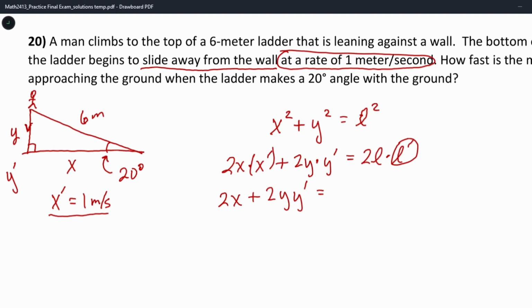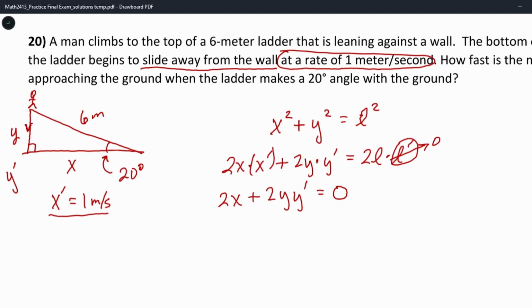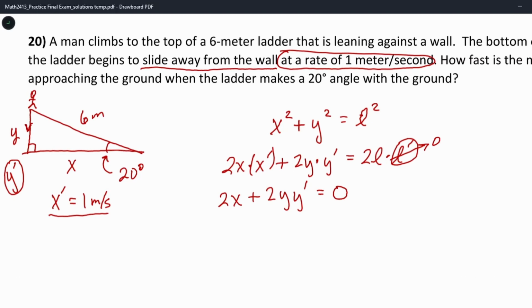It continues to be a 6 meter long ladder. So that rate of change is 0, making this entire side go to 0. Then we can isolate the variable that we're trying to solve for, and see if we can find the remaining pieces.